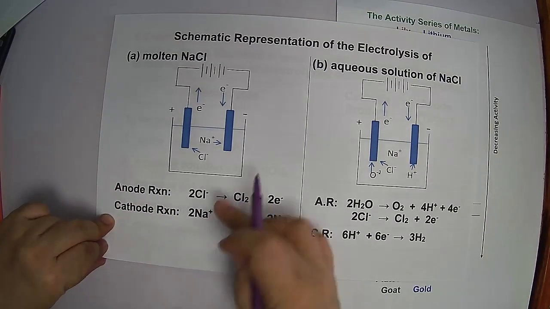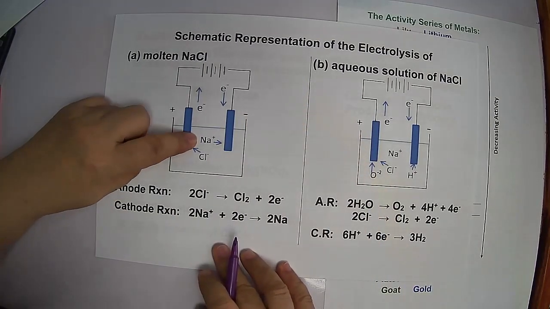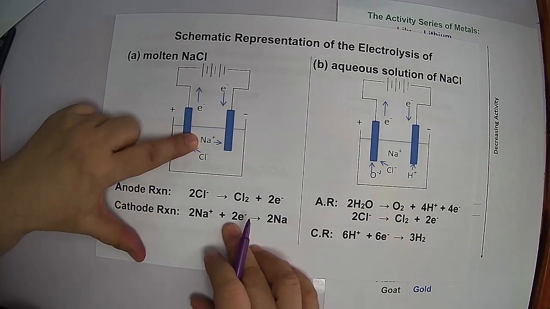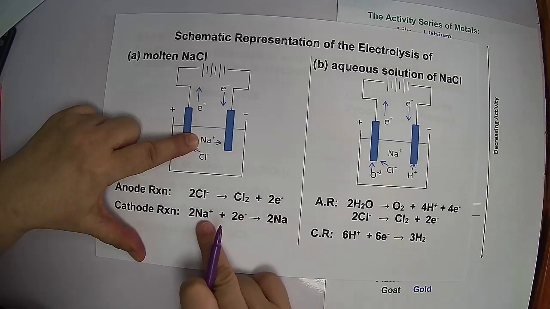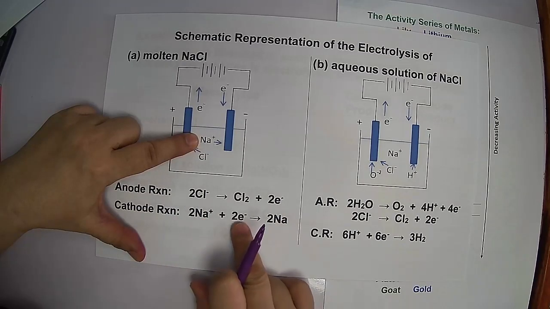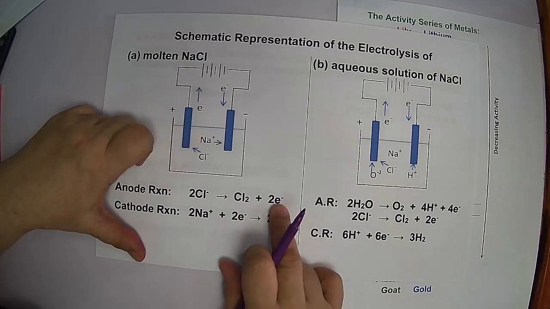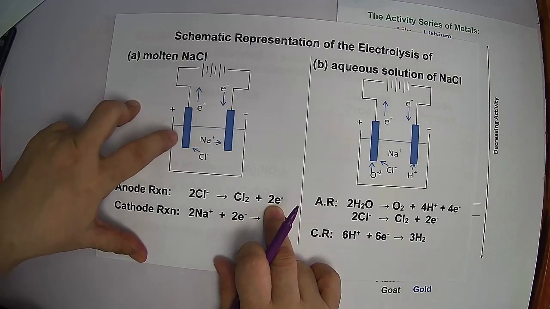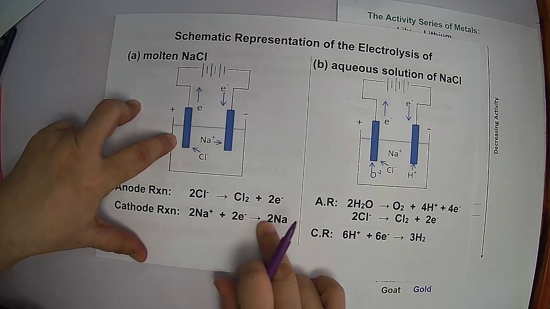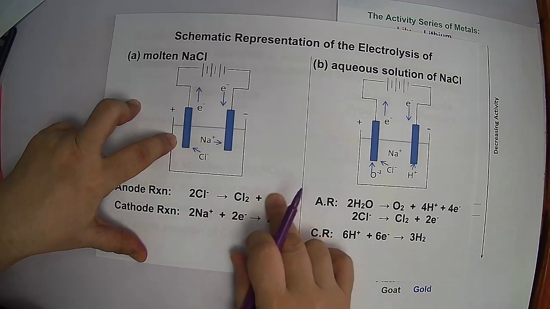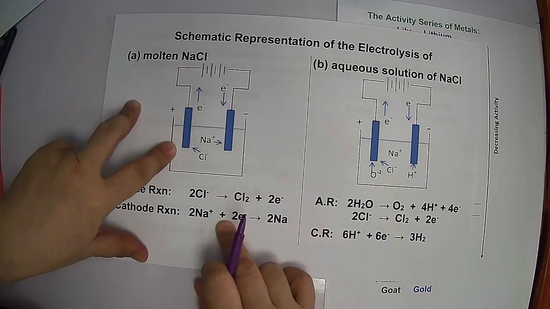Okay. At the cathode terminal, the sodium ion needs 1 electron to become a sodium atom. However, there is a total of 2 electrons given off at the anode. So we multiply the equation by 2 to equate the number of electrons gained or lost.